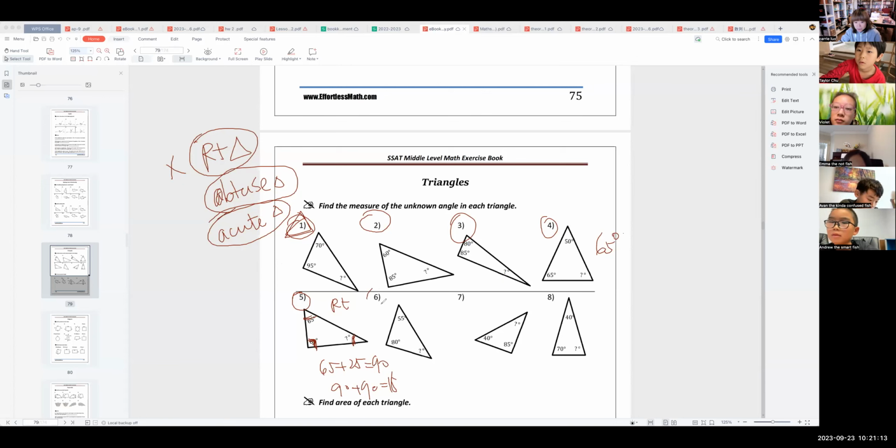Very good. Number 6, so let's study number 6. 55, 80, and what is the angle? 45. 45, very good. So what kind of triangle is it? 每一个角度是不是都比90度小啊？所以它是 acute. Very good.